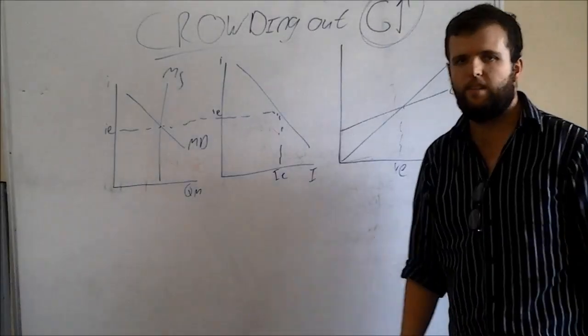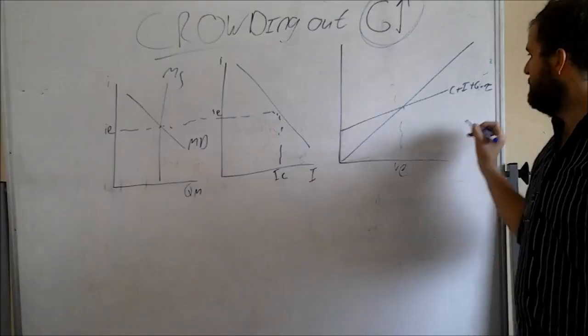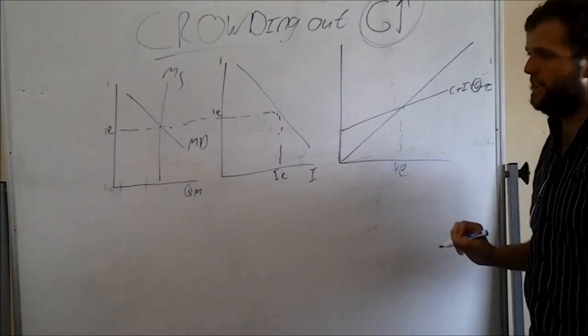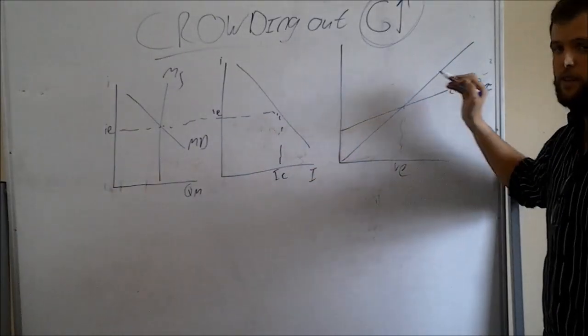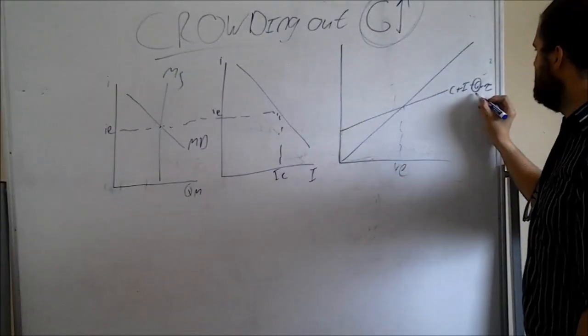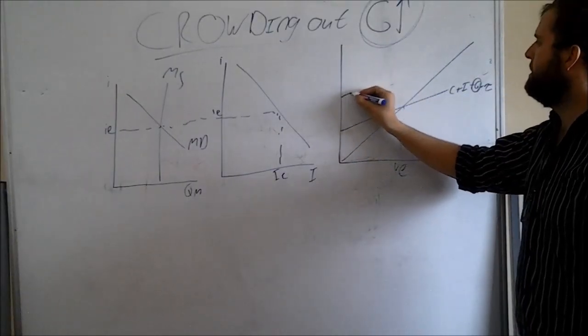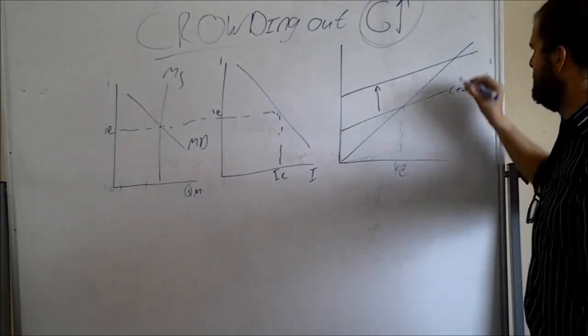So where's the government on this graph? Here, here, or here? G is here on the real sector side. So you don't start on the money side, you start on the real side. You see government spending increases, so G increases, so you can increase the total expenditure line, or autonomous expenditure line.